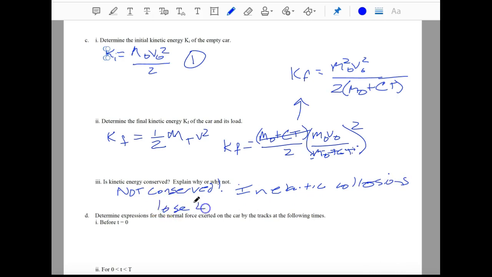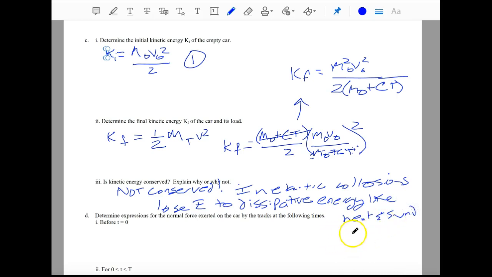they lose energy to what we're going to call dissipative forces, dissipative energy, like heat and sound.